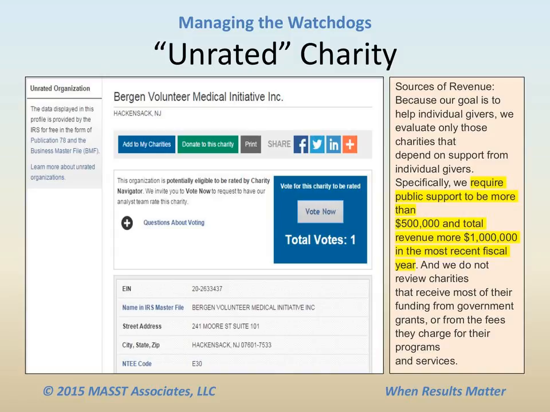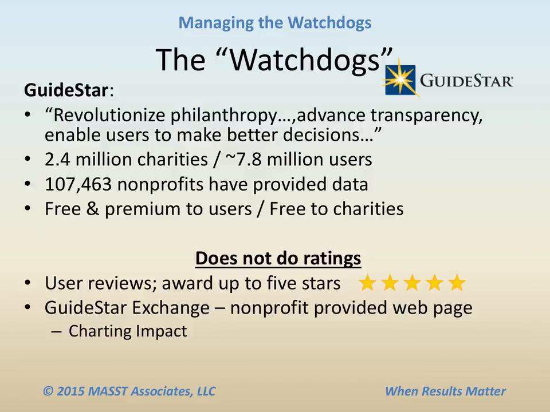If this is your particular situation, before I'd be encouraging people to go ahead and vote for my organization to get a Charity Navigator rating, I'd want to review my own Charity Watchdog profile against the Charity Navigator criteria and have a very good idea of the type of rating that we might gain, and to see if there are areas that we can beef up in terms of our own reporting and on our own website so that we can actually garner a higher rating and get full credit for the work that we do.